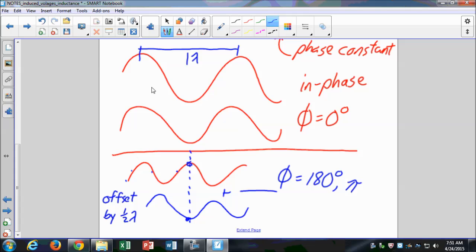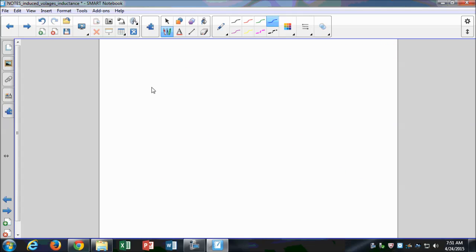Anyway, all right, so let's look at forced oscillations. That's just when we're hooking up an AC electric source to a circuit that oscillates. So forced oscillations.